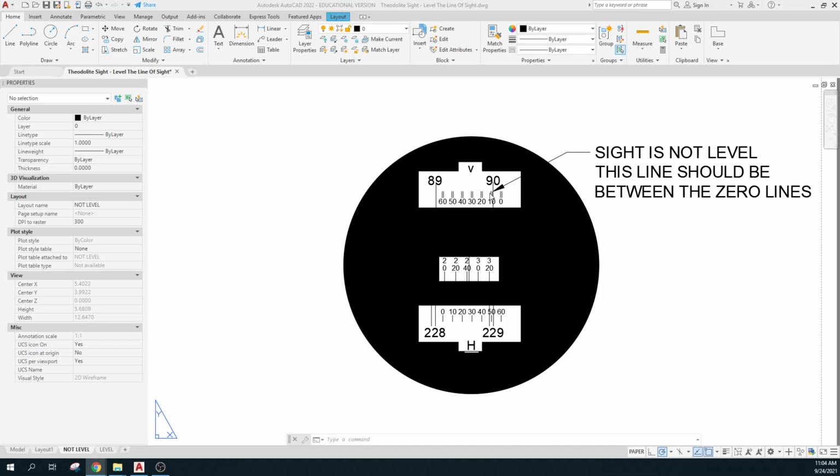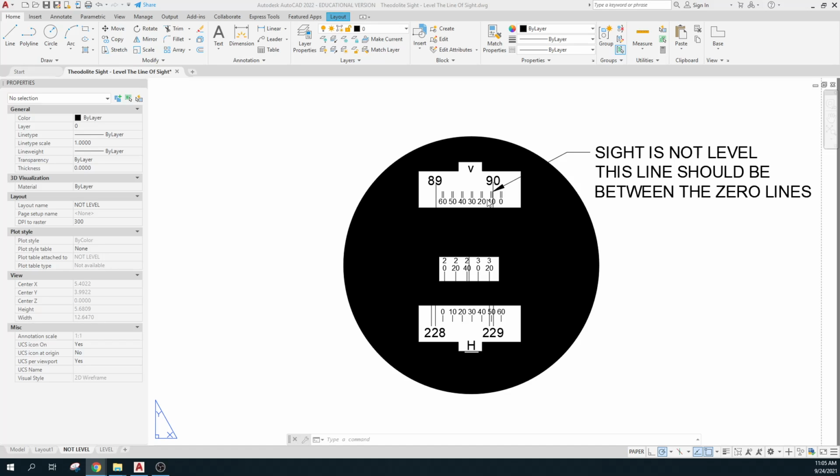And then up here you can see my vertical is not level. The 90 needs to be in between these two, in between the 0 hash marks. So this one is definitely not level.